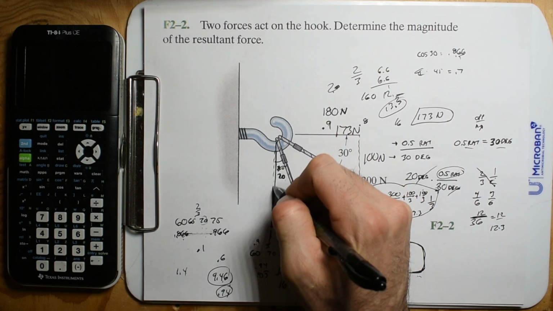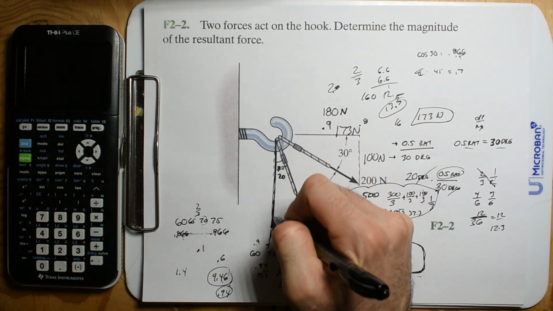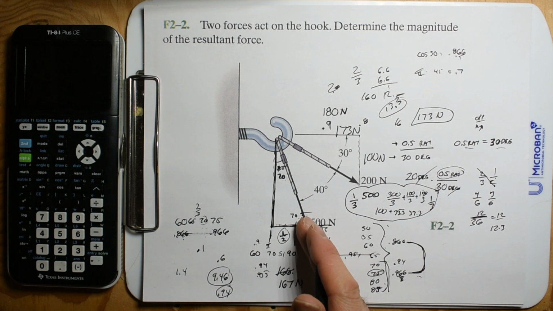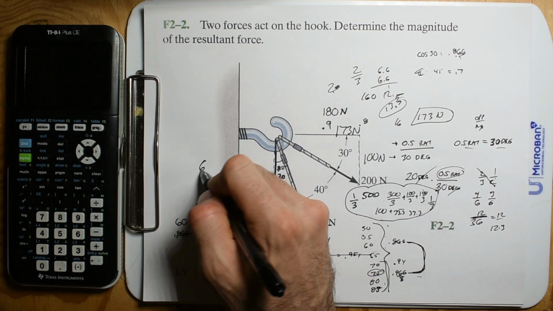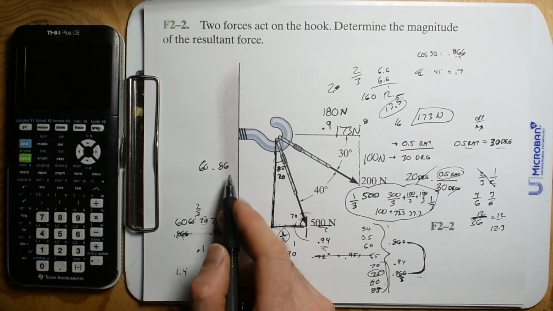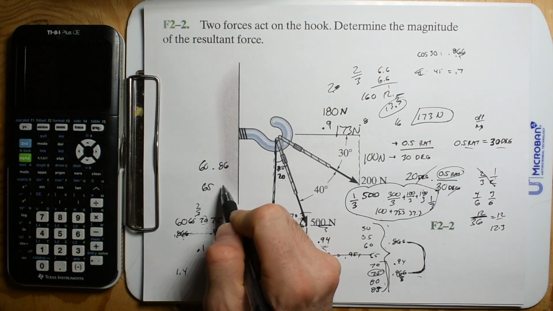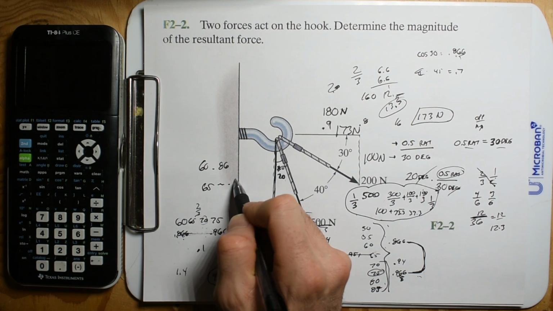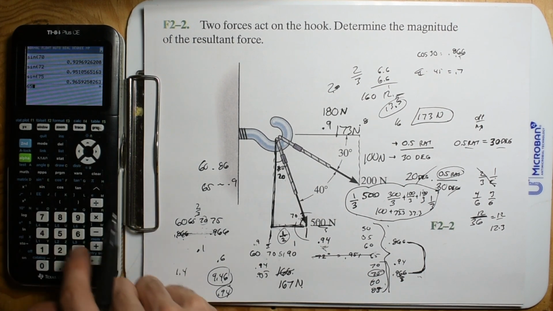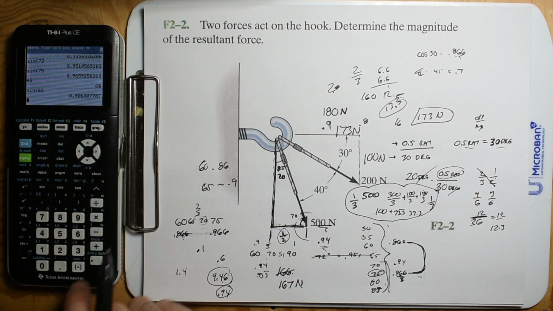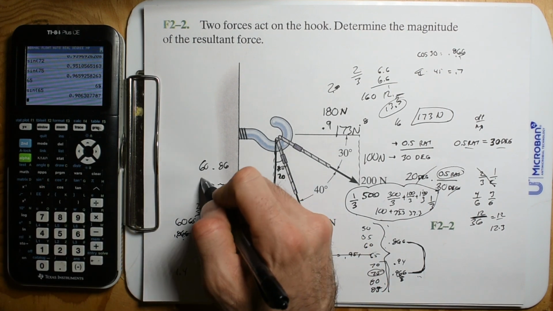Because yeah, it's interesting. If I was just to do, I know sine of 60 is 0.86. That's close to 0.9. But so sine of 65 must be really close to 0.9. Let's see. Sine of 65. Yeah, so I didn't know that.